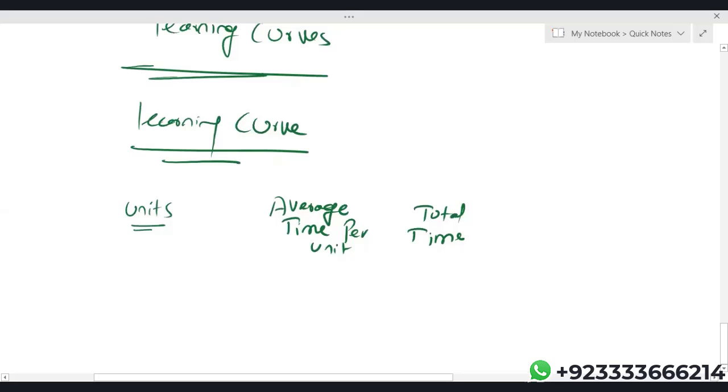Then we can also calculate incremental units, incremental total time, and even incremental average time per unit.